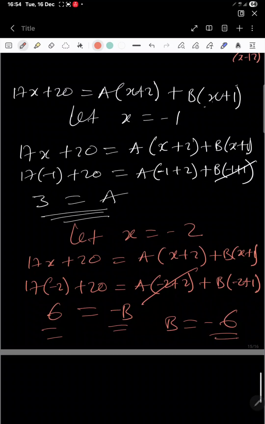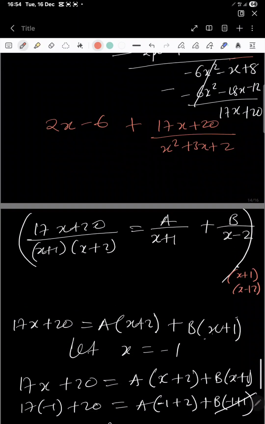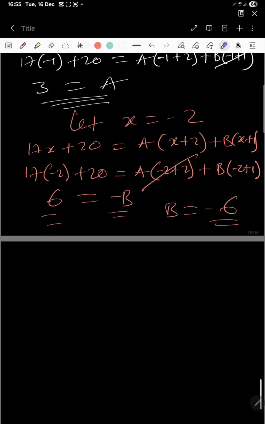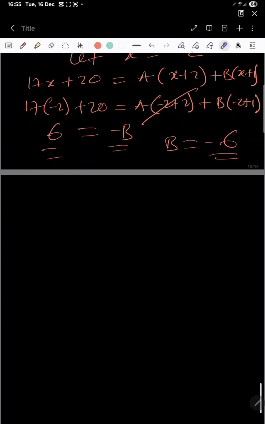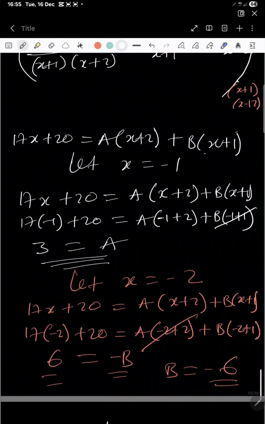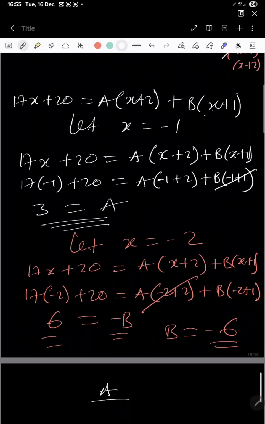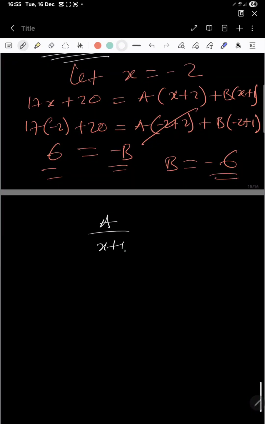So now we know the value of a and we know the value of b. What do we do? We come here and replace now. So replacing, you are going to put a here and also b there. So this is equal to a over x plus 1 plus b over x plus 2.